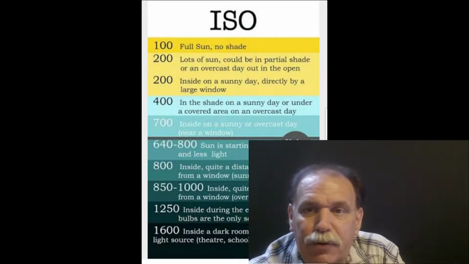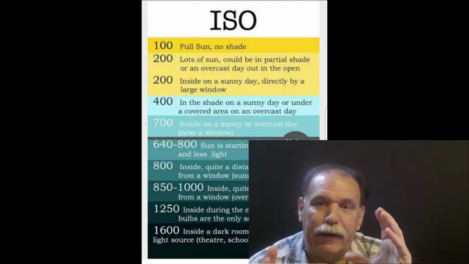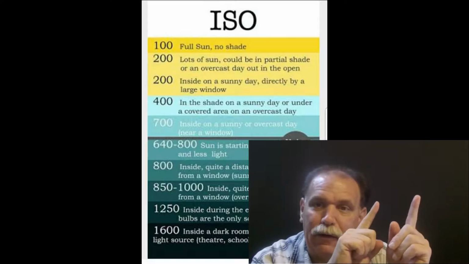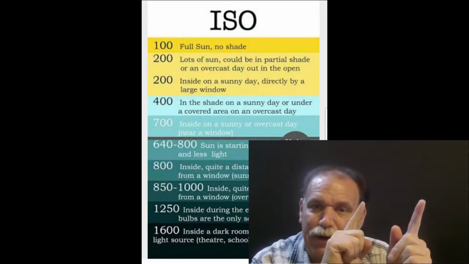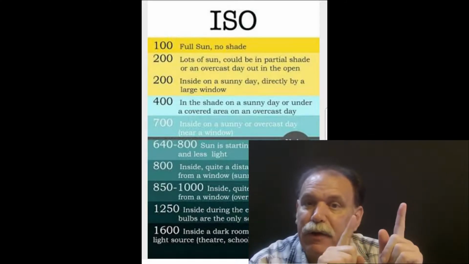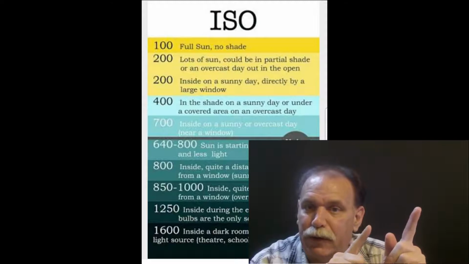This is the reason we use auto ISO. I'm real big on doing location portraits. And if you're out in a changing environment, going from sunlight to shade, or something that's changing, auto ISO can be really good.